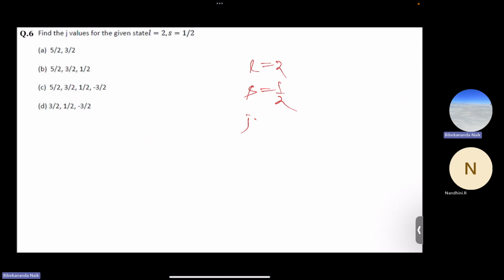Option C is 5/2, 3/2, 1/2, minus 3/2. And option D is 3/2, 1/2 and minus 3/2. Can you tell me what will be the correct option?